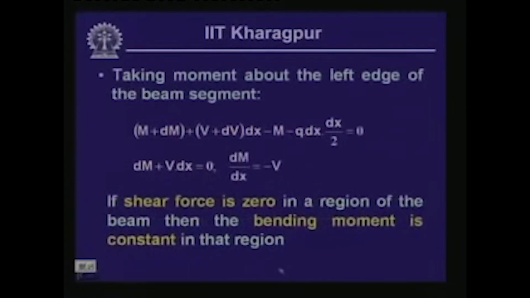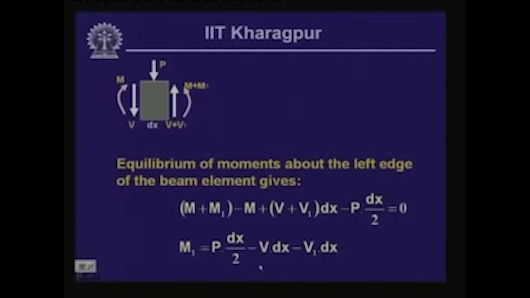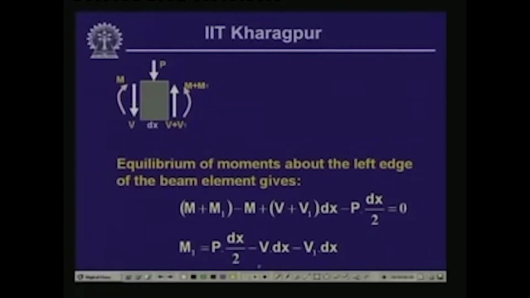As you have noticed, when you have this concentrated load, on the left side of the load we have shear force V and moment M. On the right hand side, the moment is M plus M1, where M1 is given by this expression.